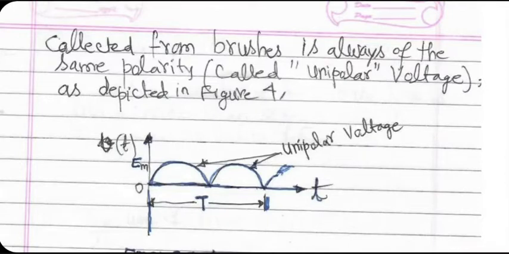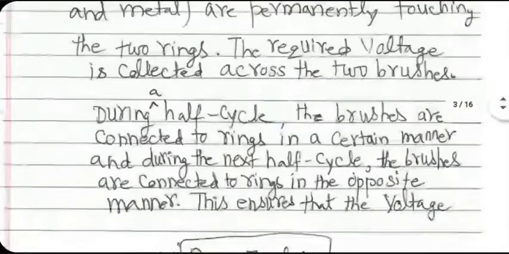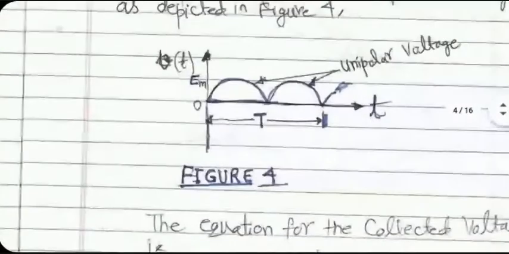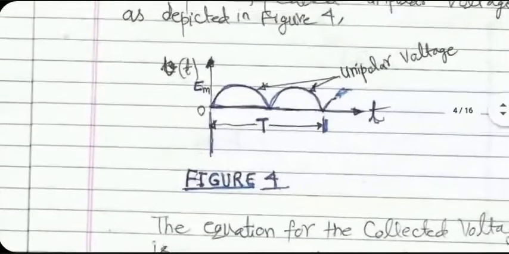So the nature of voltage obtained across A and B after it has gone through the commutator, that means what you are collecting is now appearing across the two brushes. And that voltage, it's open circuit voltage, so you can call it EMF also.